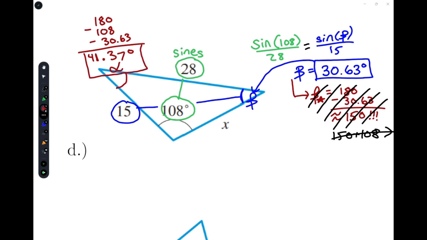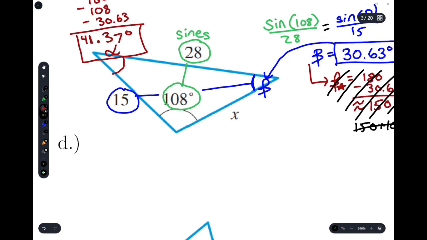One more thing to find. You find x. How do you find x?